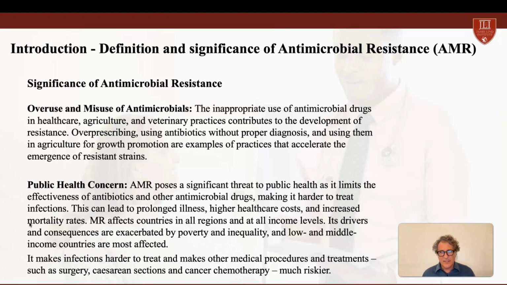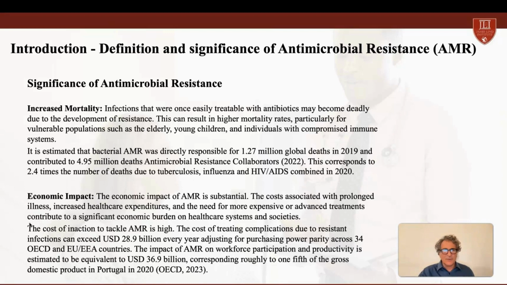This creates a tremendous impact, first of all, on the public health sector. Then there is also the risk of increasing mortality, because infections that were once easy to treat with antibiotics may become deadly due to the development of resistance.